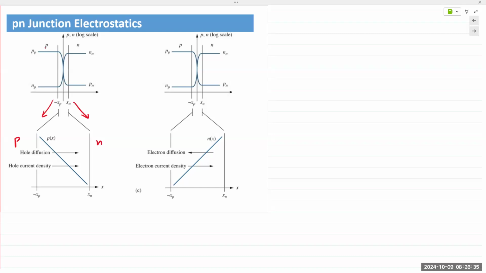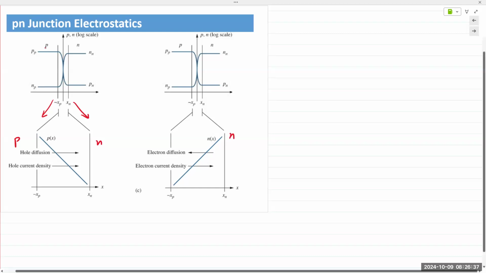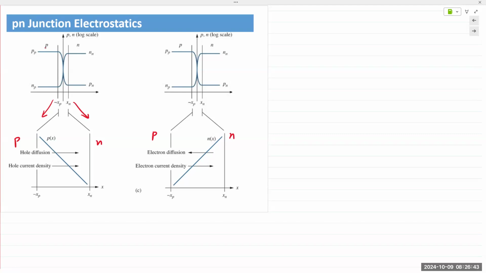Same thing happens with the electrons. Electron concentration is higher in the N side, and because the electron concentration on the P side is lower, the electrons are now trying to diffuse through the border, through the junction. Let's be more technically accurate. So holes are diffusing from the P side to the N side, and electrons are diffusing from the N side to the P side.